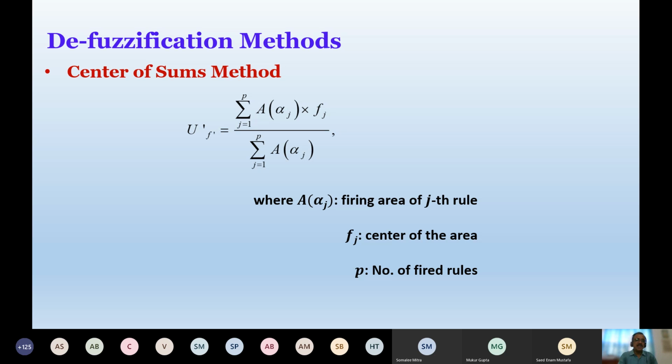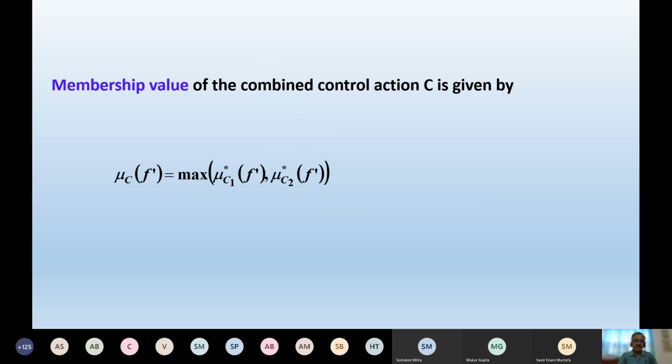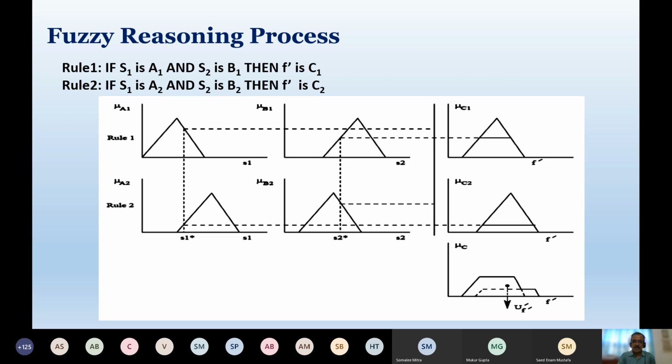If you see this figure once again, to find the combined control action, the combined output, we consider this truncated triangle. We also consider this other truncated triangle. So one small area, or one subregion, is considered twice.